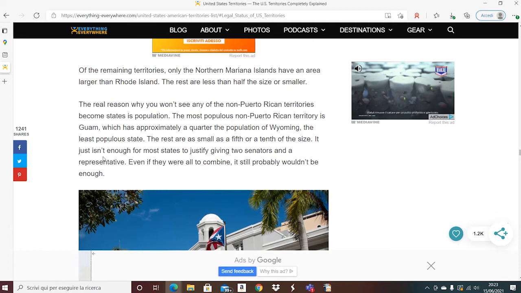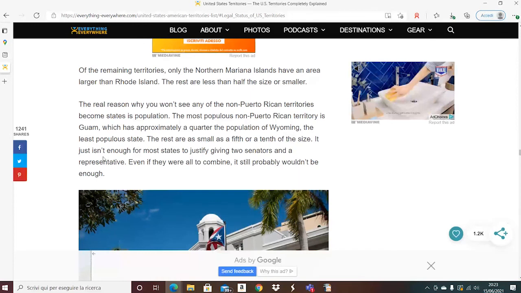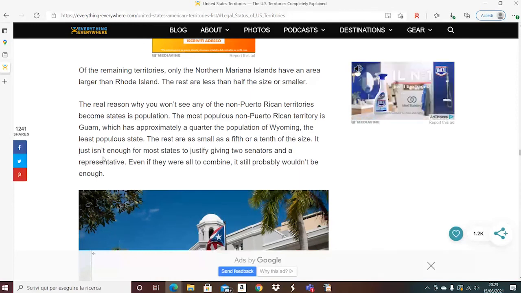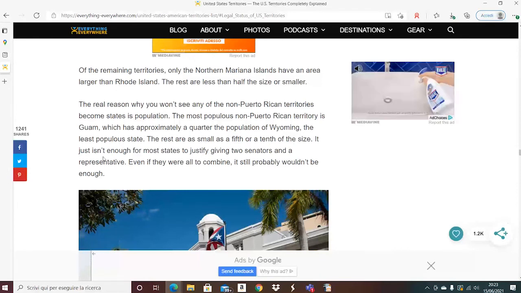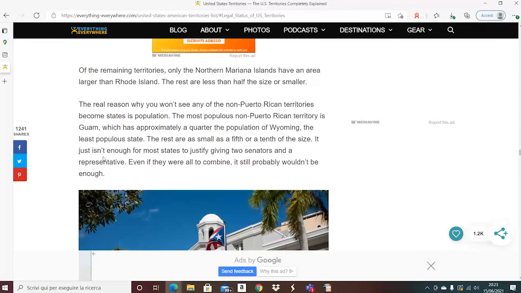The rest are as small as a fifth or a tenth of that size. It just isn't enough to justify giving a state two senators and a representative. Even if they were all to combine, it still probably wouldn't be enough.